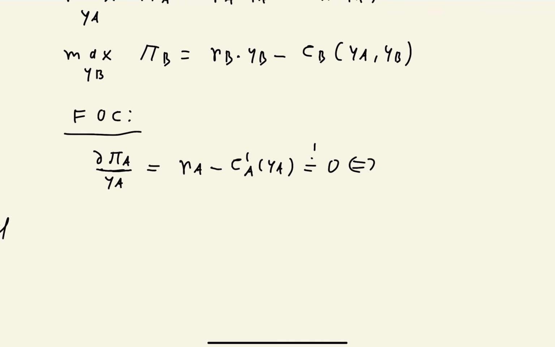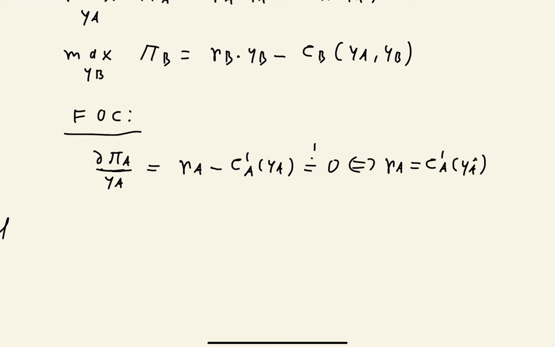And if we rearrange this, what we get is PA is equal to C prime A YA star. So the amount of steel which is produced is chosen in a way such that the marginal revenue is equal to the marginal costs.